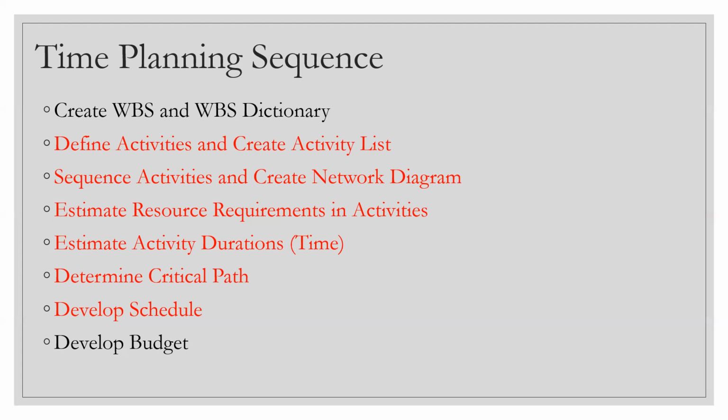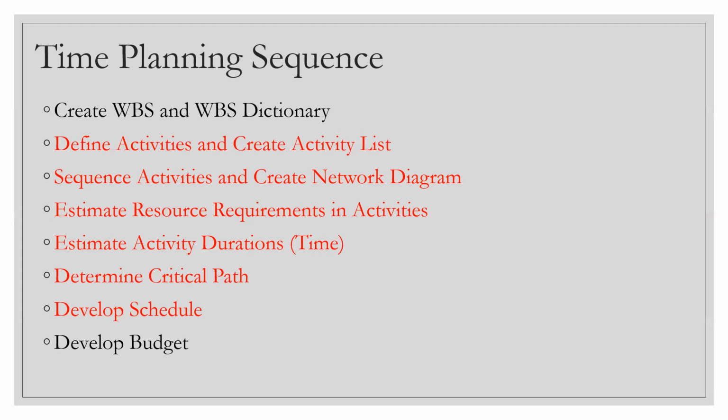Now, the last item in the bullet list is develop the budget. That's again in black color, because that's not a part of your time thing. But you will see when we get into developing the budget, it's like one single stage, right? We are not doing all these things.